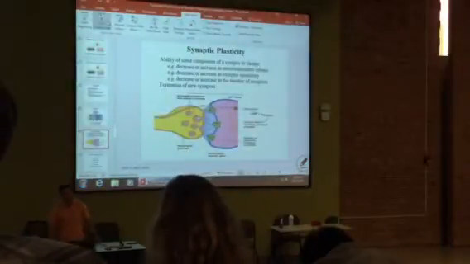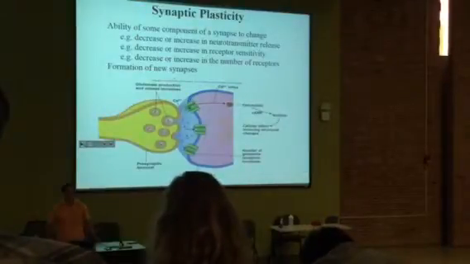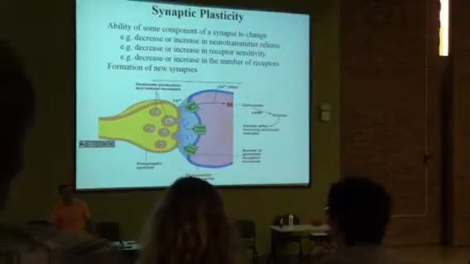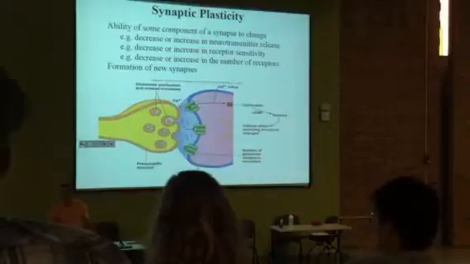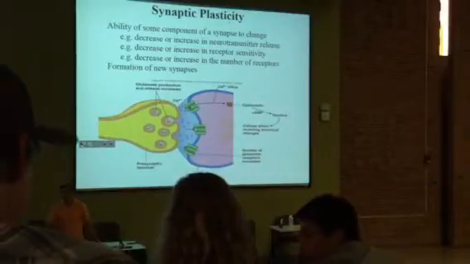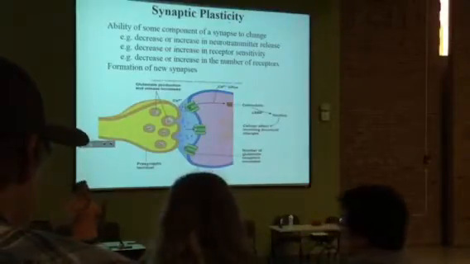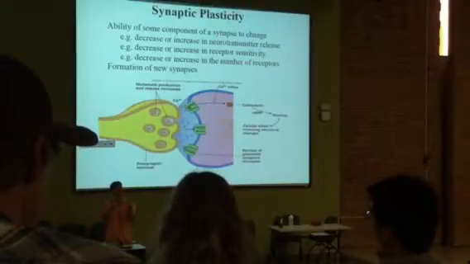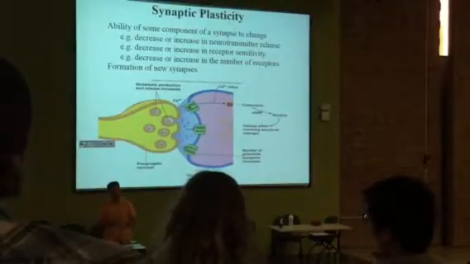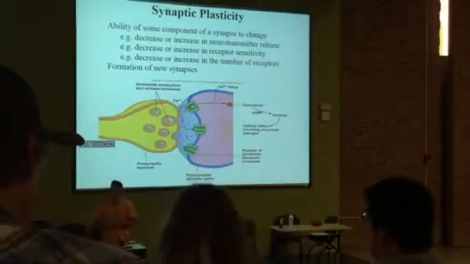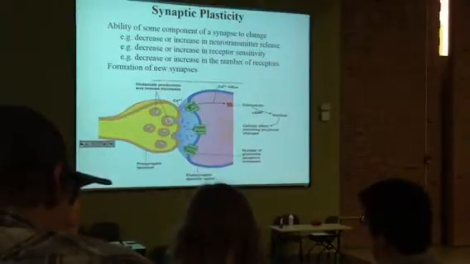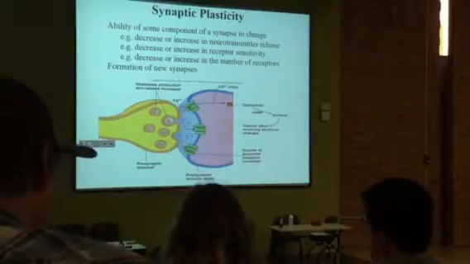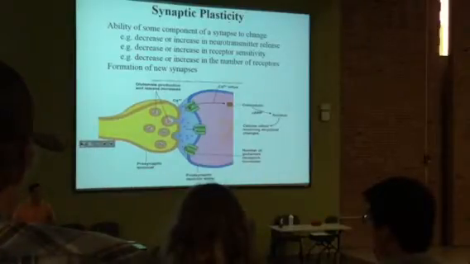Let's talk about this for literally 30 seconds, because I'm going to talk about this again later on in the lecture. When you see the word plasticity, and it's used in conjunction with the body, what it means is the ability to change. All right? Plasticity means the ability to change. What's changing? In this case, the synapse. What can change at a synapse? Well, you can release more or less neurotransmitter because of some event.